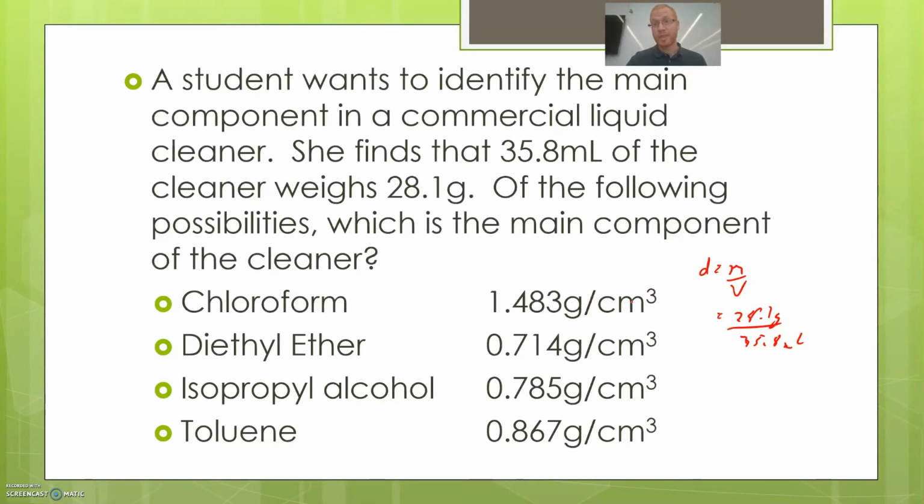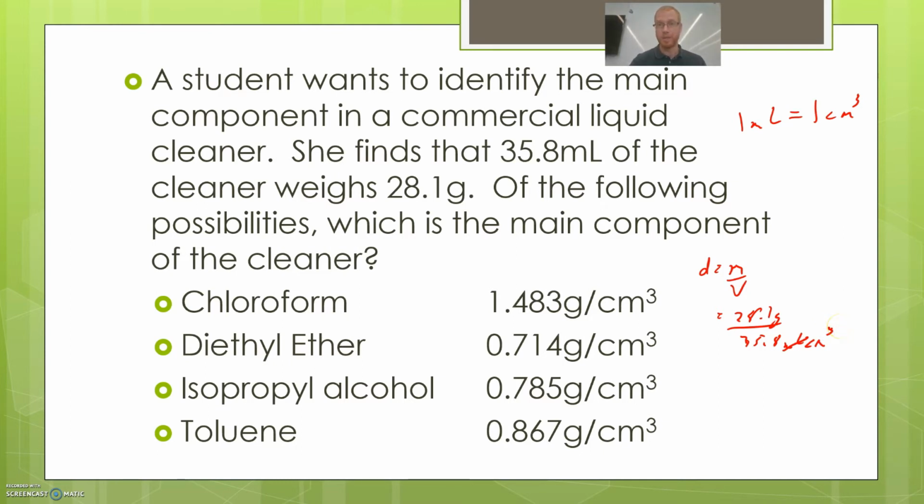Well, here you go. I'll give you a little conversion. This is an important conversion, and it's really hard. It's hard to remember: 1 milliliter equals 1 cubic centimeter. So 35.8 milliliters is how many cubic centimeters? Well, it's 35.8.